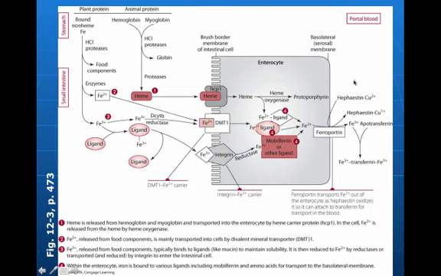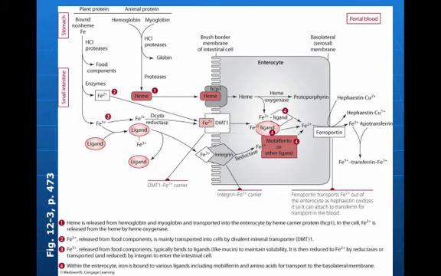Okay? Now, remember, copper is an important part of this. There is another enzyme that is called ceruloplasmin. Ceruloplasmin has the same function as hephaestin, but ceruloplasmin oxidizes iron in all other tissues other than enterocytes.